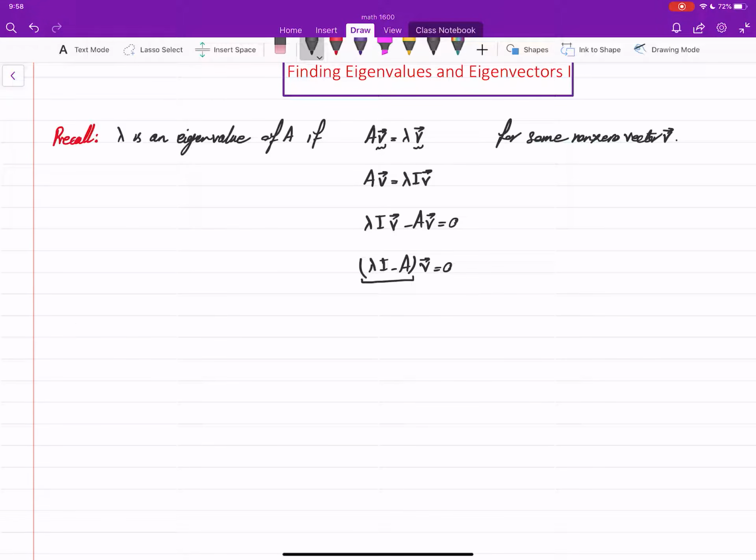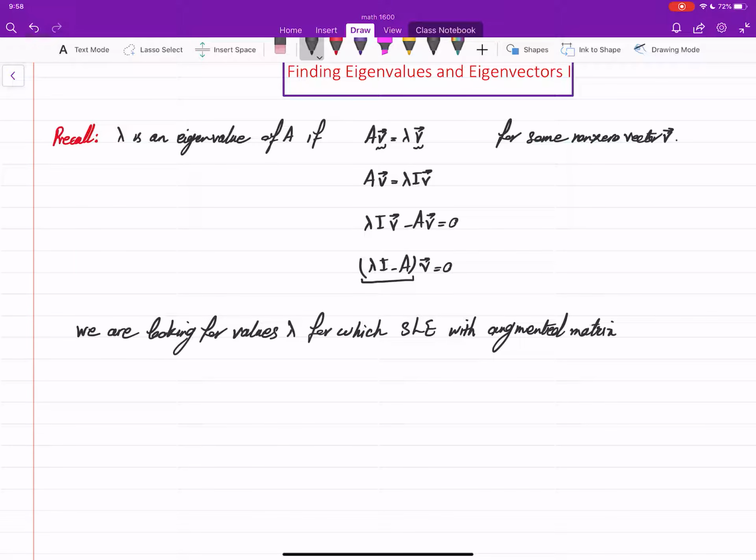And what is lambda? So we are looking for values of lambda for which the system of linear equations with the augmented matrix [lambda I minus A | 0] has a non-trivial solution.